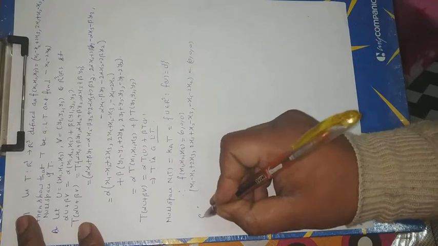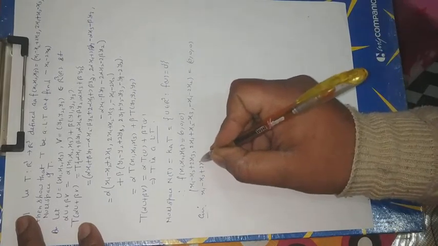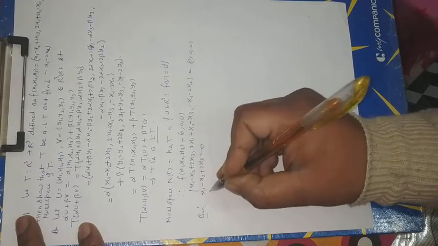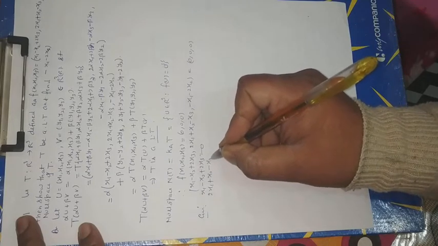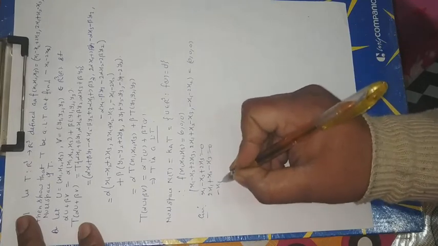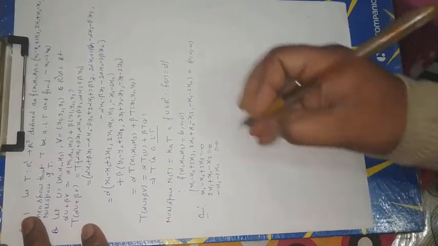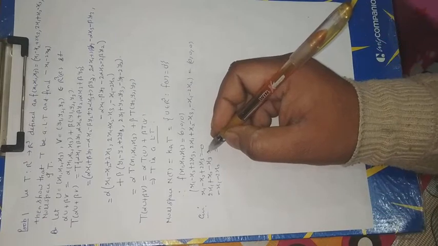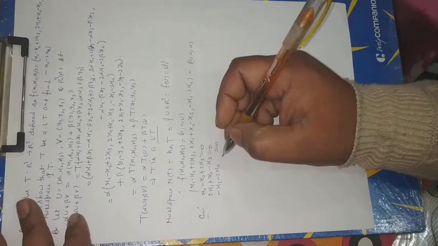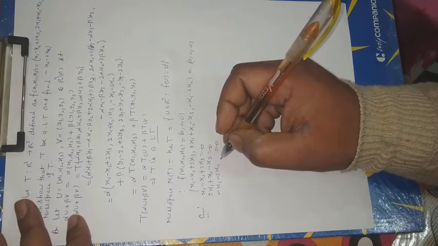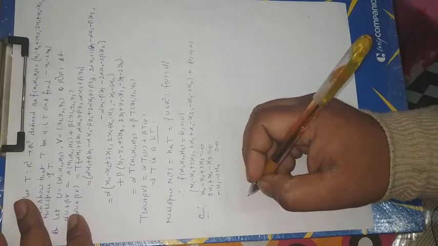Now by comparing, x1 minus x2 plus 2x3 equal to 0, 2x1 plus x2 minus x3 equal to 0, minus x1 minus 2x2 equal to 0. There are three equations in x1, x2, x3. Now by solving with the matrix method, it can be written AX is equal to 0.